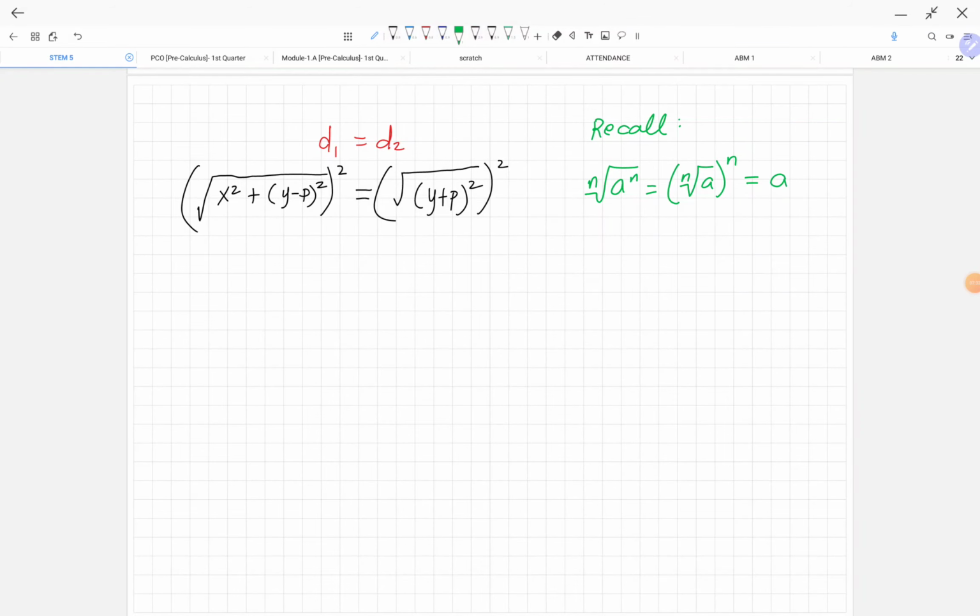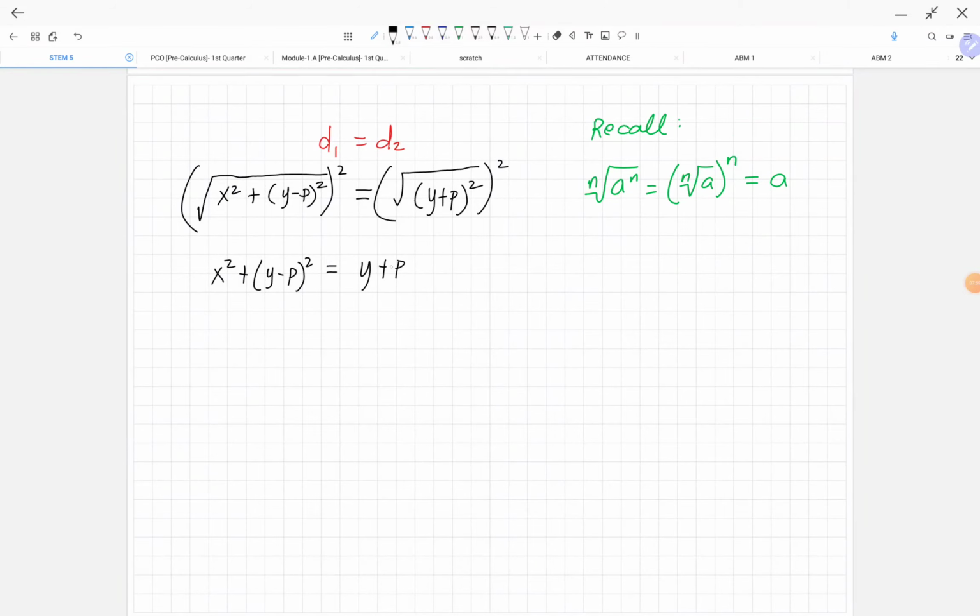That is, whenever the index is equal to the exponent, the answer will be the expression inside the radical symbol, or the radicand itself. So we only have x squared plus the quantity of y minus p squared equals, so here we are to cancel it out.